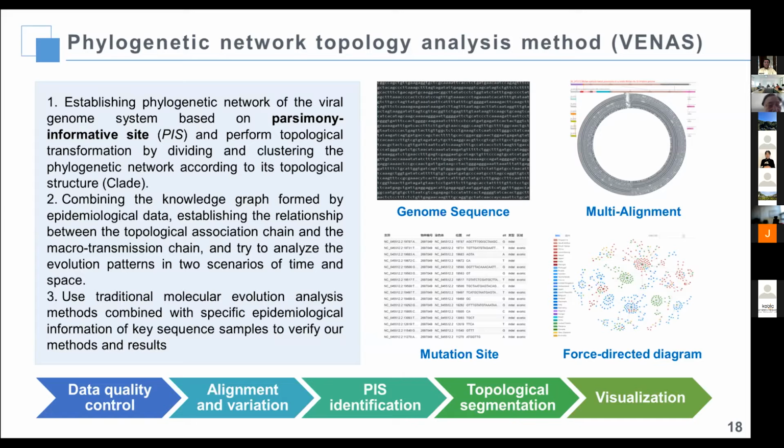First, establishing the phylogenetic network of the virus genome system based on the parsimony informative site set, PIS, and perform topological transformation by dividing and clustering the phylogenetic network according to its topological structure, SKLRD, and combining the knowledge graph formed by the epidemiological data, establishing the relationship between the topological associated chain and the macro transmission chain, and try to analyze the evolution patterns in two scenarios of time and space.